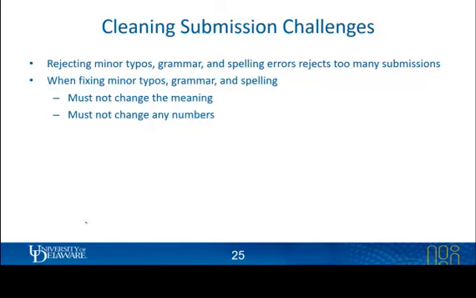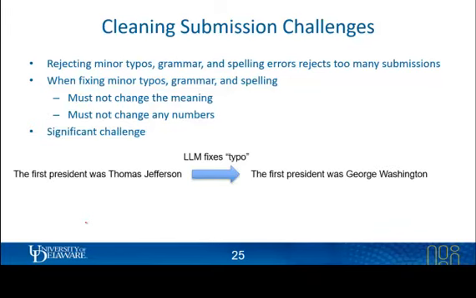But it's hard to fix typos and grammar because the LLM wants to make a lot of changes, and those changes can be wrong. For example, the student might write the first president was Thomas Jefferson, and the LLM tries to fix it, because you ask the LLM to fix these mistakes, even though you were very clear that you must fix typos and whatnot.